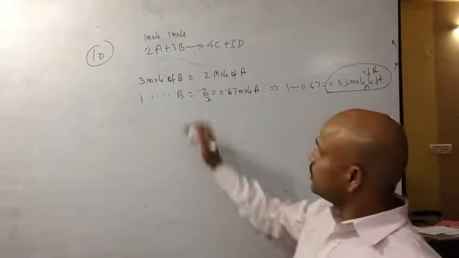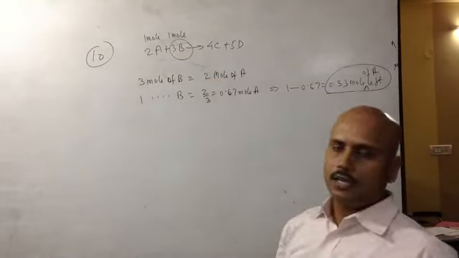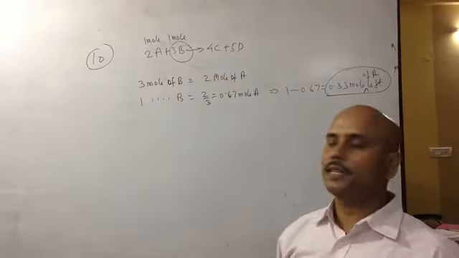Now you know that once you decide the limiting reagent, which is B, the amount of product is decided by the limiting reagent.